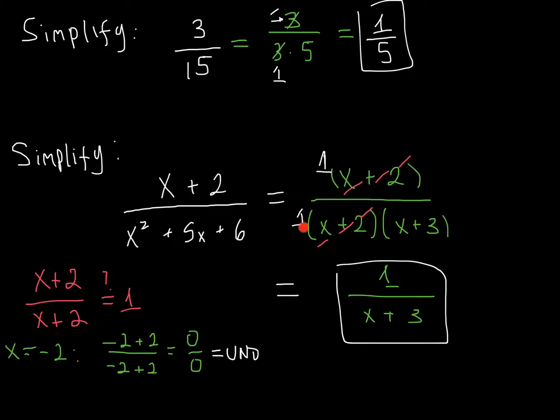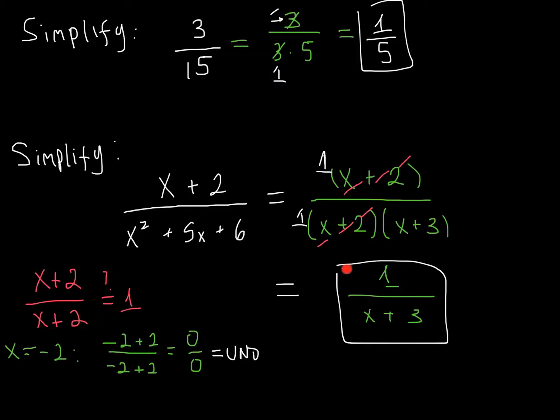So I can't just say (x + 2)/(x + 2) is always 1 over 1. Because what happens when I get to negative 2? Well, when I plug in negative 2, I'm going to end up with 0 over 0. Because it'll be negative 2 plus 2 on the top, which is a numerator of 0. And I'll have negative 2 plus 2, which is 0, times some other number, which is 0.